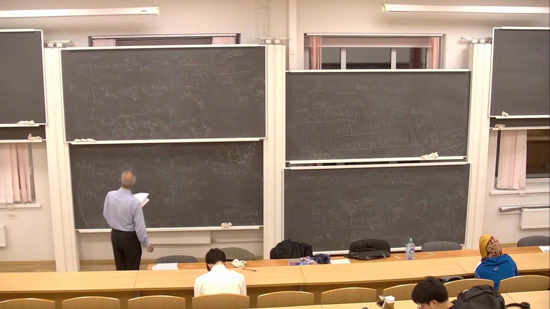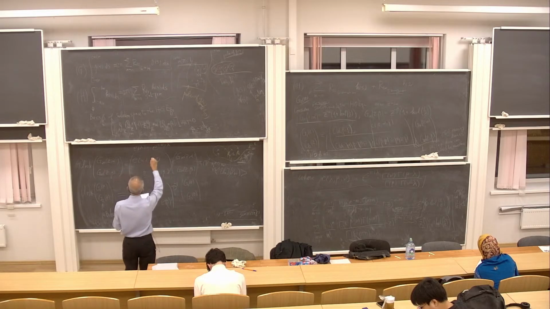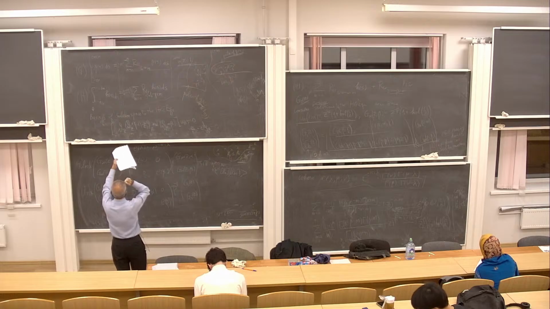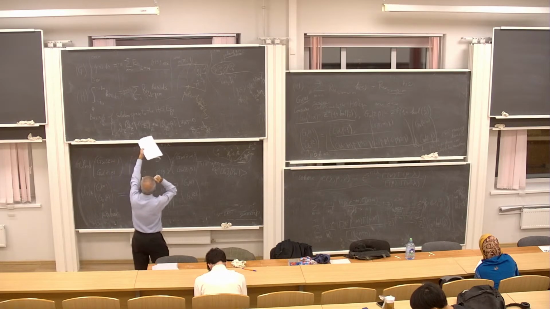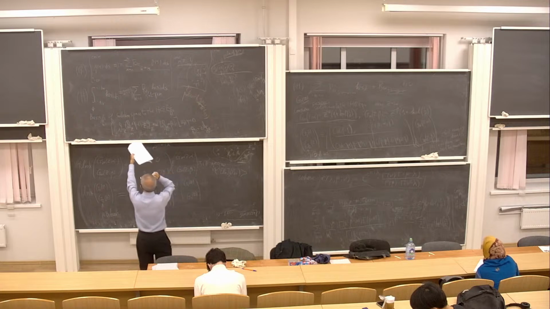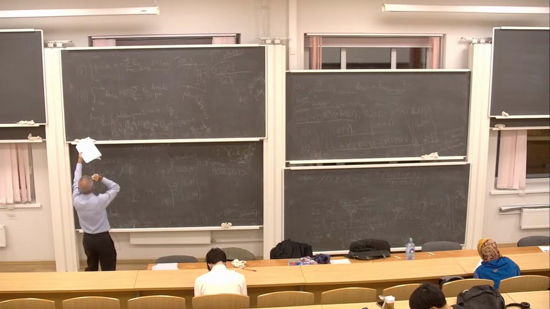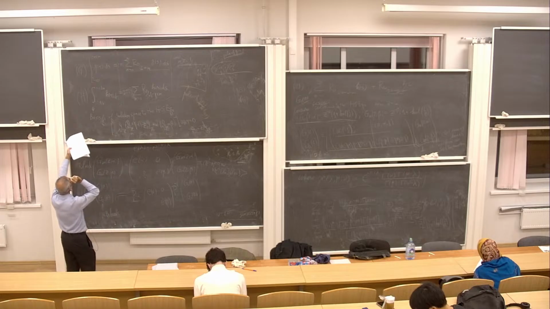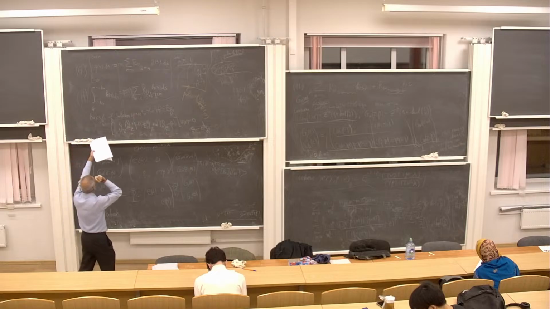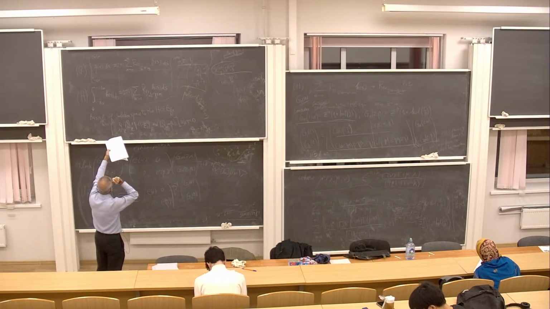And how about around z equals 0? It is also very easy, because we know this. The first line of the upper blackboard represents capital G1 of z.